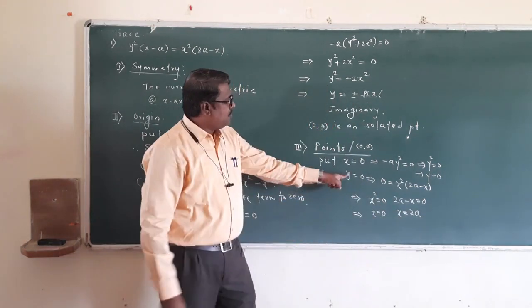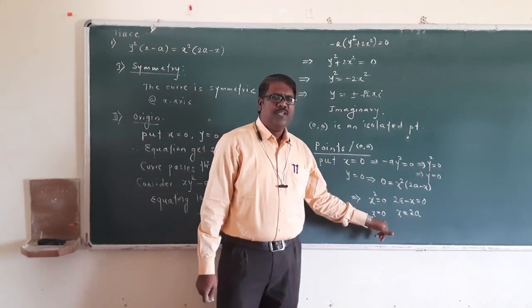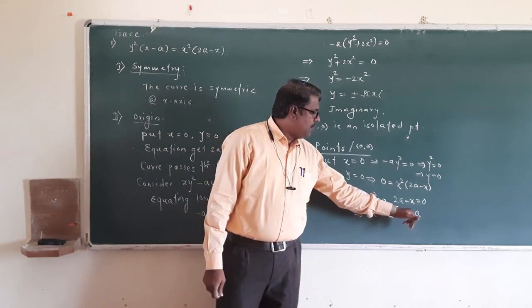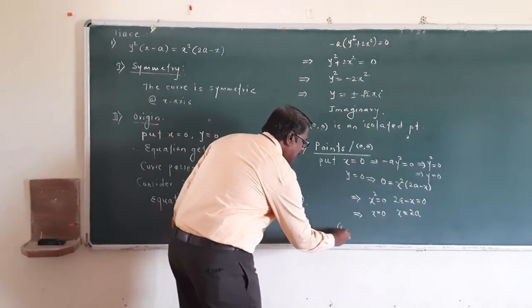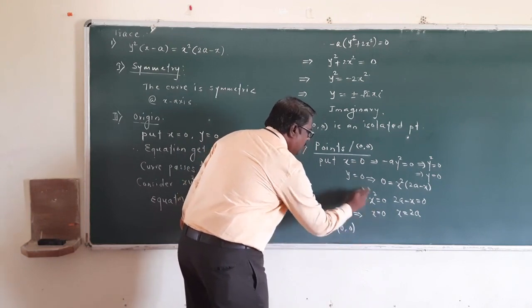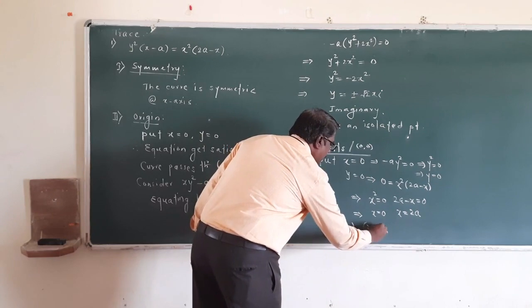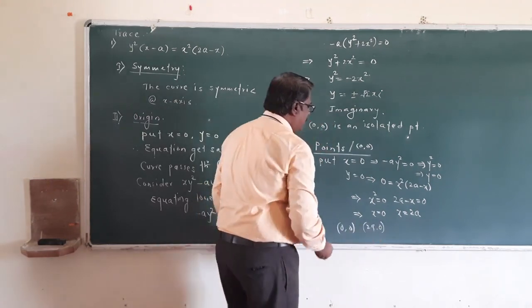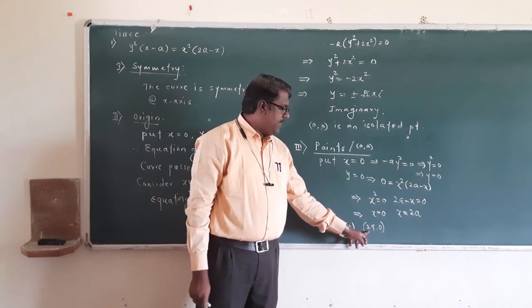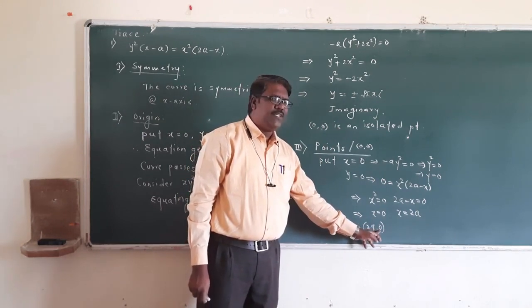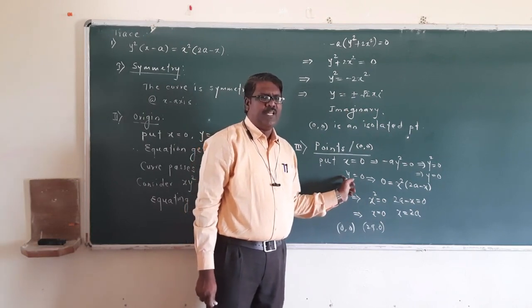So by putting y 0, we got two values of x. One value is x is 0, and second value is x is equal to 2a. And therefore, the points of intersections are 0, 0 and 2a comma 0. So there is only one point other than origin which is on x-axis. Okay?